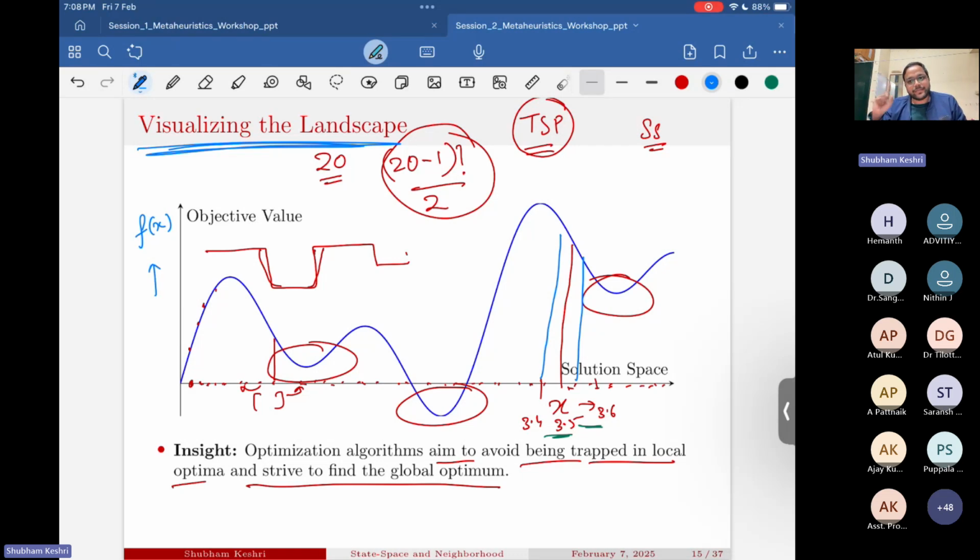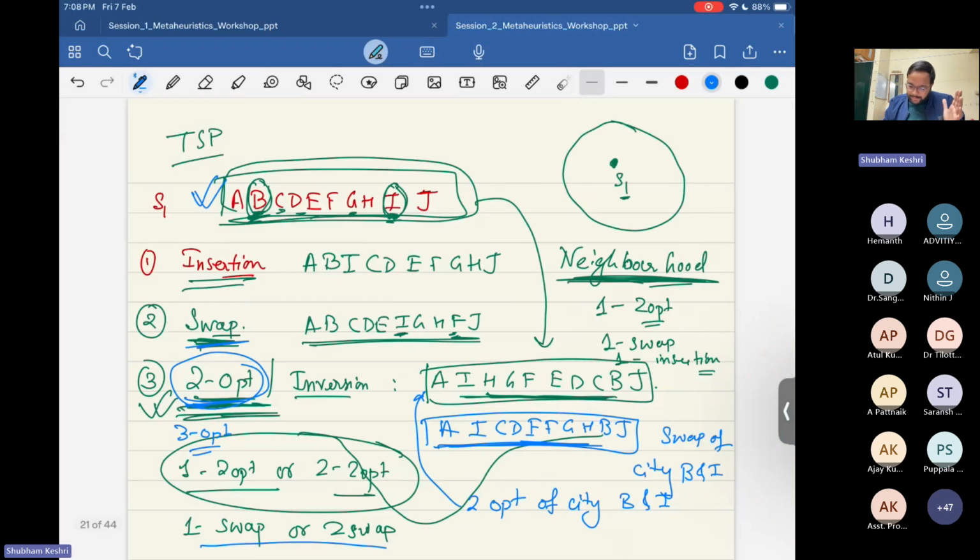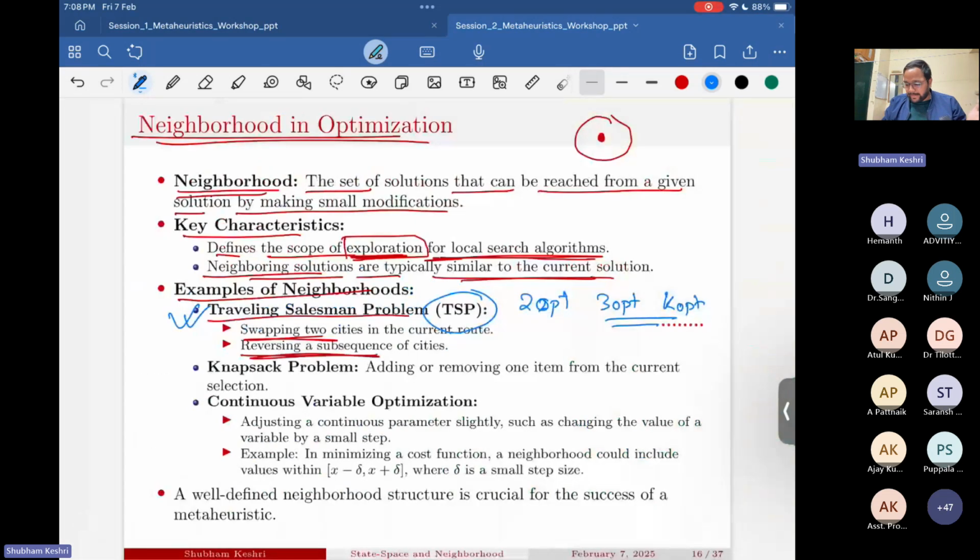So this decision is very important, and that is why I am telling you for the traveling salesman problem, 2-opt, 3-opt, k-opt are better than swap or insertion or something like that. These are better neighbors for the traveling salesman problem because that landscape has a good big global optimum and small local optima.